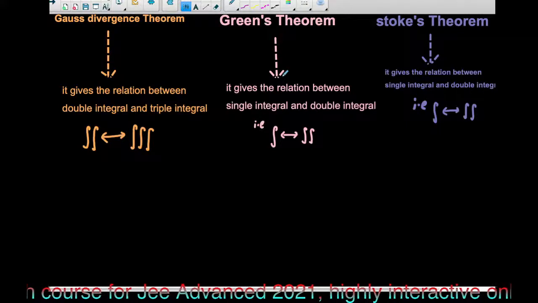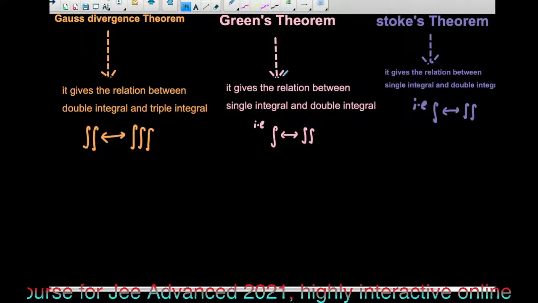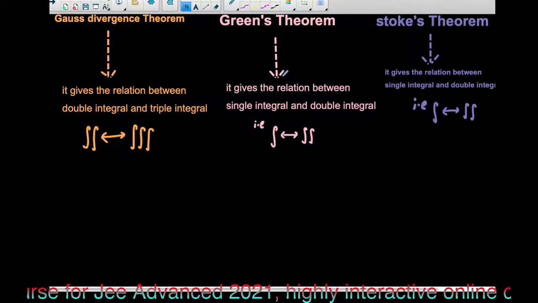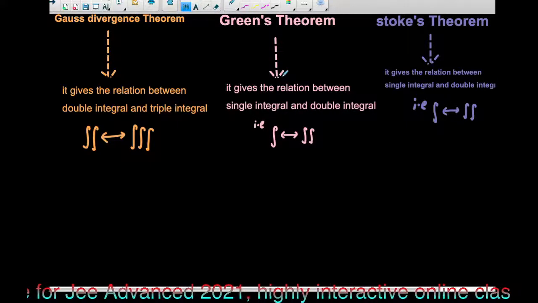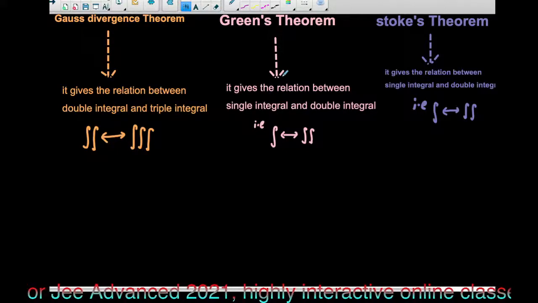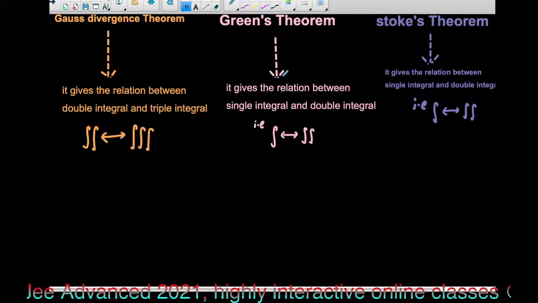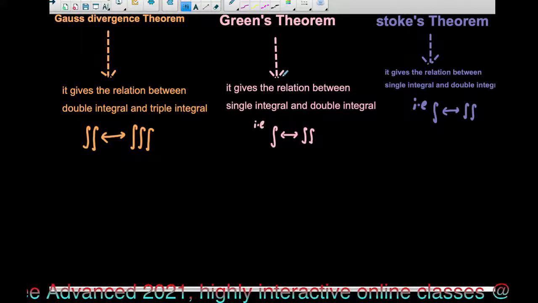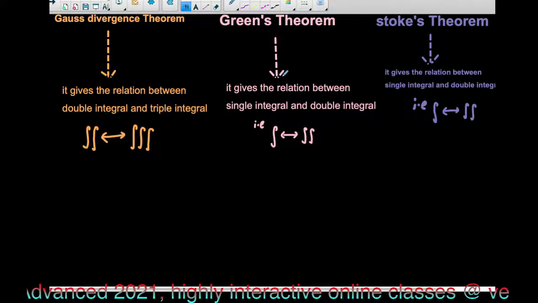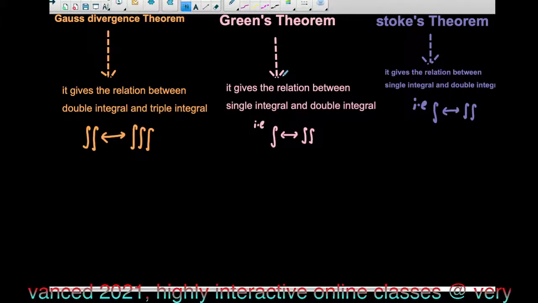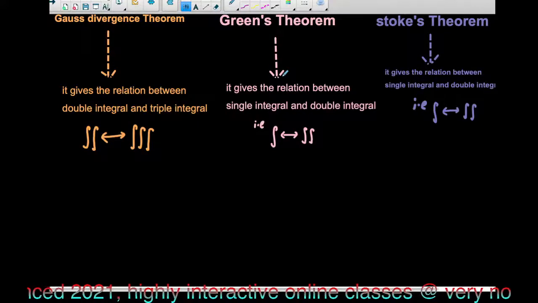What is the difference between Green's theorem and Stokes theorem here? When we convert the problem and the integration becomes simple, we use Green's theorem. If the given surface is in the xy plane, you can just use Stokes theorem also, although Stokes theorem can go for any plane, right? If we want to change a double integration problem into triple integration, then we can use the divergence theorem.